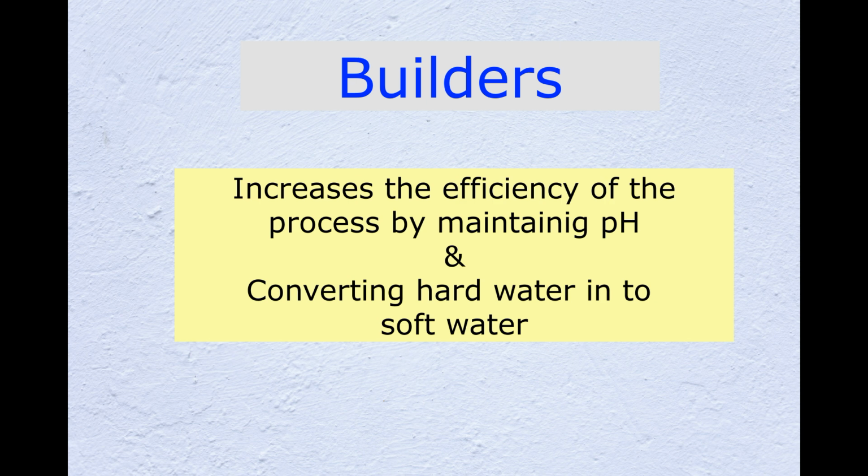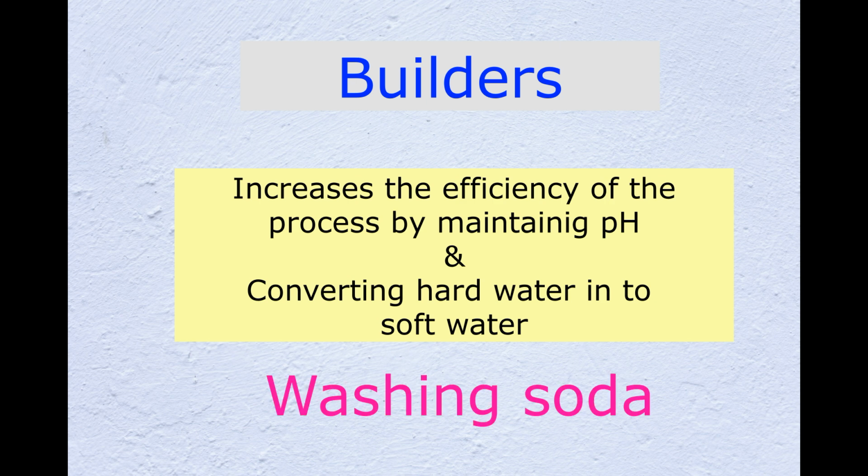Builders convert normal water, hard water, into soft water, and also builders maintain the pH within particular range. So they are allowing the surfactants to do its cleaning process more effectively. For builders, the example is again washing soda.